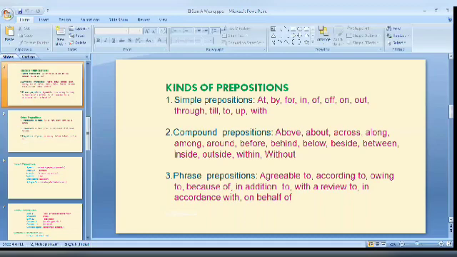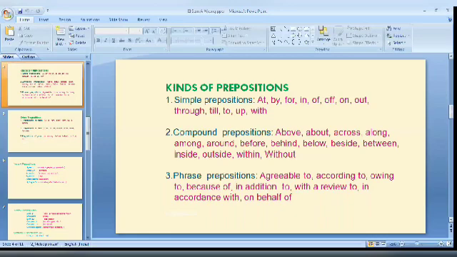Next, because of. Generally, we Indians use the preposition because of on more of the occasions. If we are to tell why I didn't come yesterday, because of. Generally, we try to use this preposition because of mother tongue influence. In addition to, if you observe, there are three combinations of words: in addition to, with a view to, in accordance with, on behalf of.